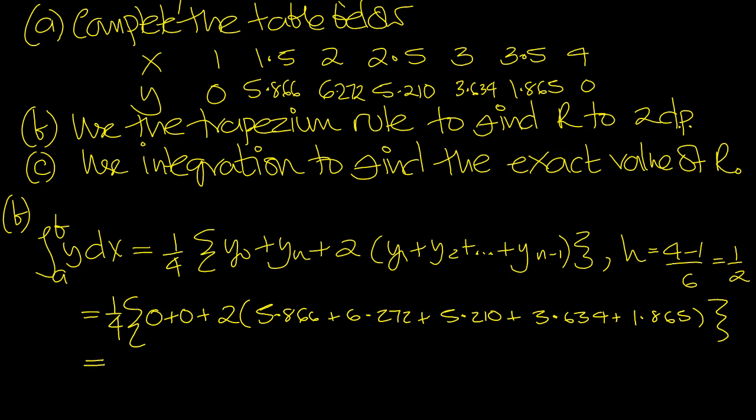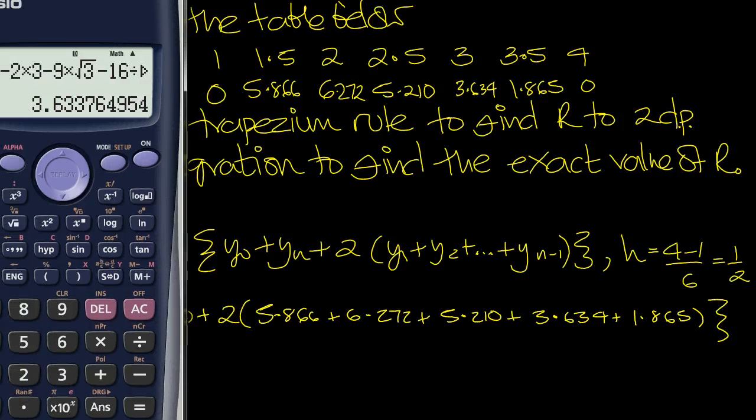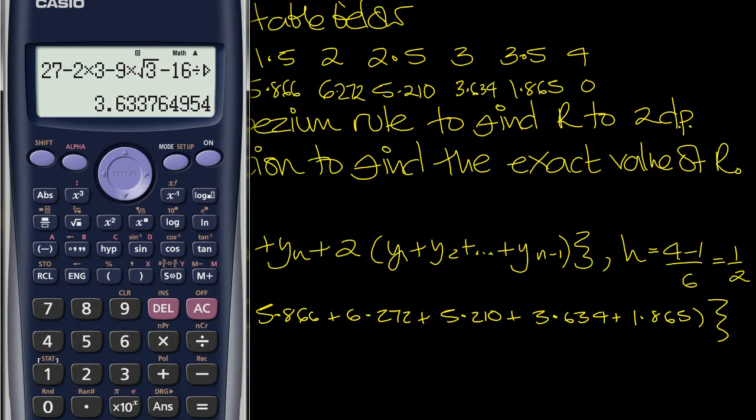So tap that in the calculator then. Let's just check we haven't missed any values out. Yeah, so there's the 2 times 5.866 first then. So let's put that in. 2 times bracket 5.866 plus 6.272 plus 5.210 plus 3.634 plus 1.865.